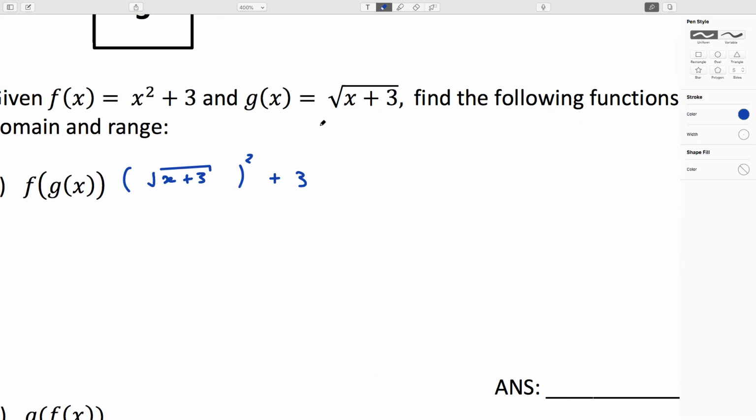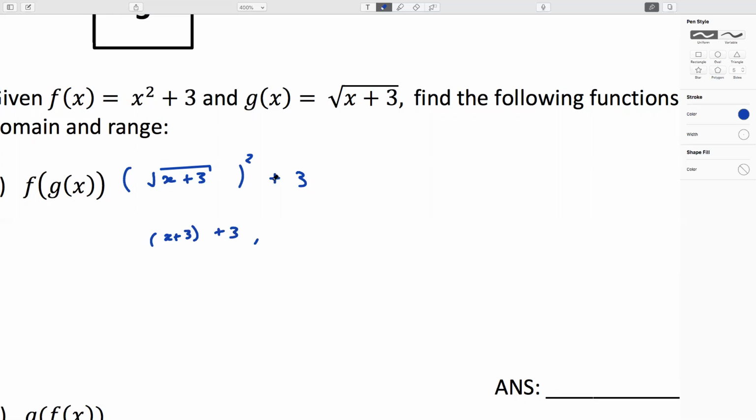At this point, we're going to have to square root x plus 3. But before we do that, we need to think about our restrictions. So the square roots can't be negative. So x has to be greater than or equal to -3, or else we will have a negative in our square root. So when we go ahead and we square this, it will become just x plus 3 plus 3.